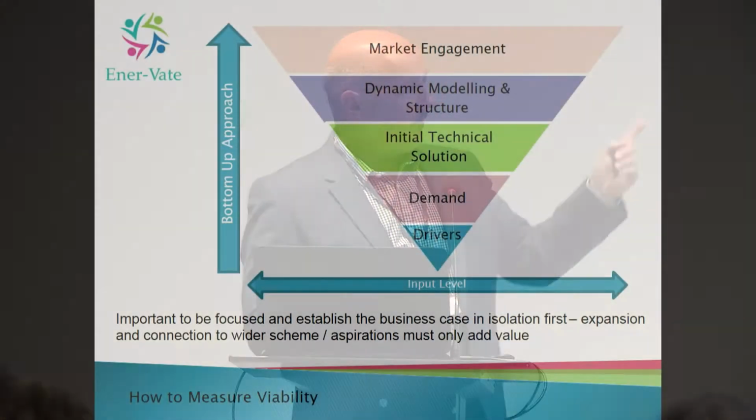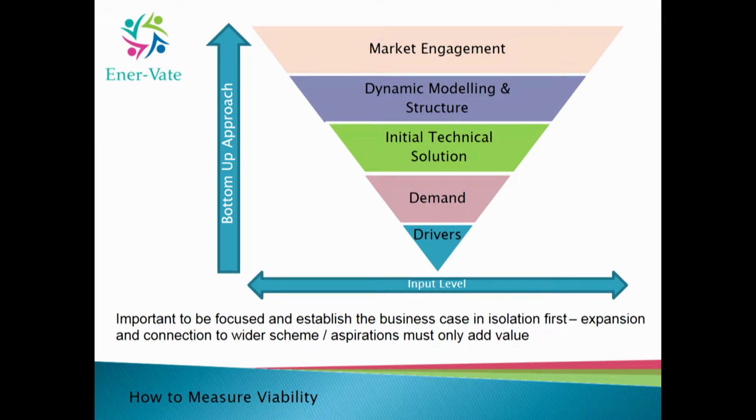You see the line across the bottom, the input level there. If you have multiple inputs at that point, then it's certainly going to create a very, very difficult model to get to the end of. If this triangle was almost a square and you had lots of inputs to your drivers at the bottom, it makes the task of making a commercially viable model even more difficult.